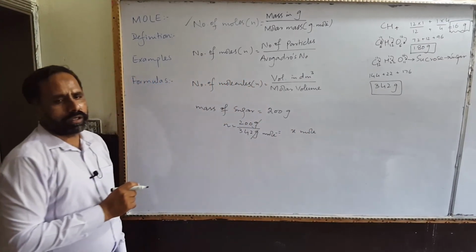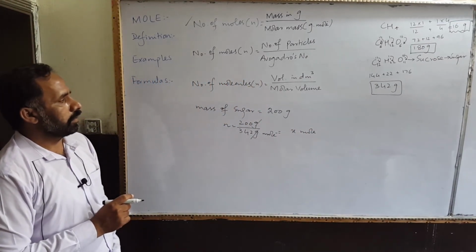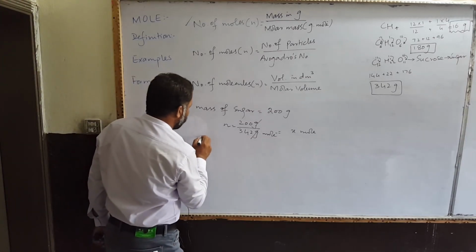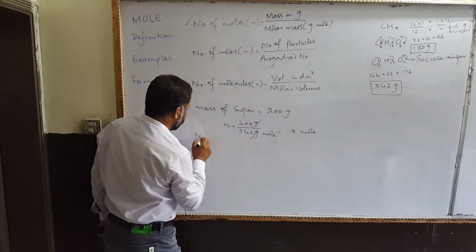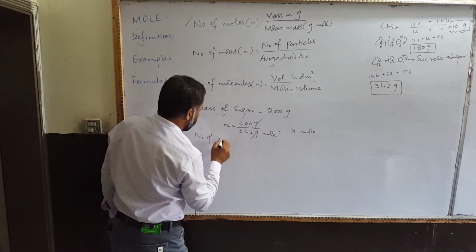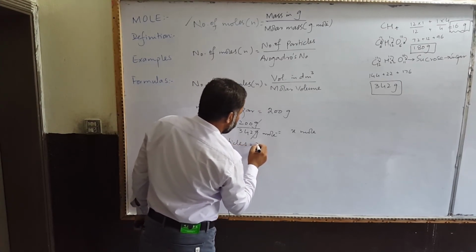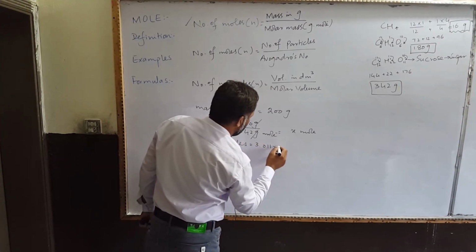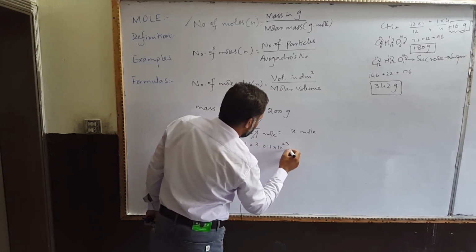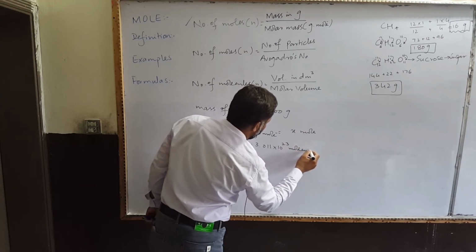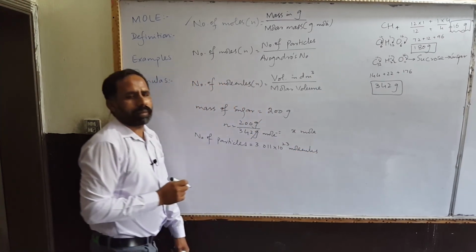If we have to calculate the number of moles for any number of particles, for example, the number of particles of sucrose in the given question is 3.011 10 to the power 23 molecules. We have to calculate the number of moles.